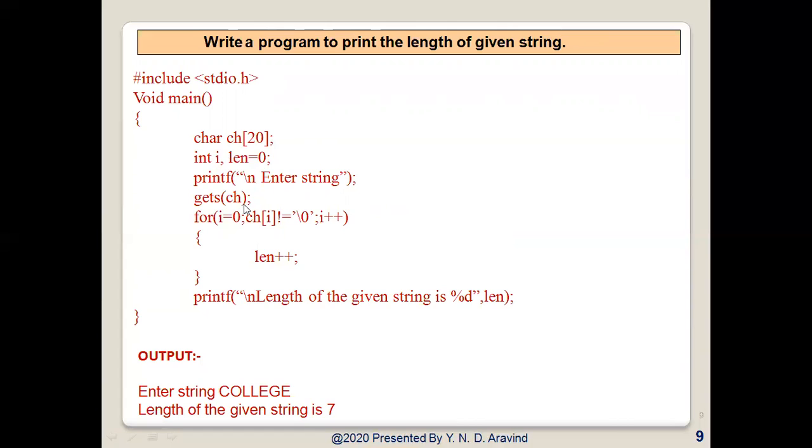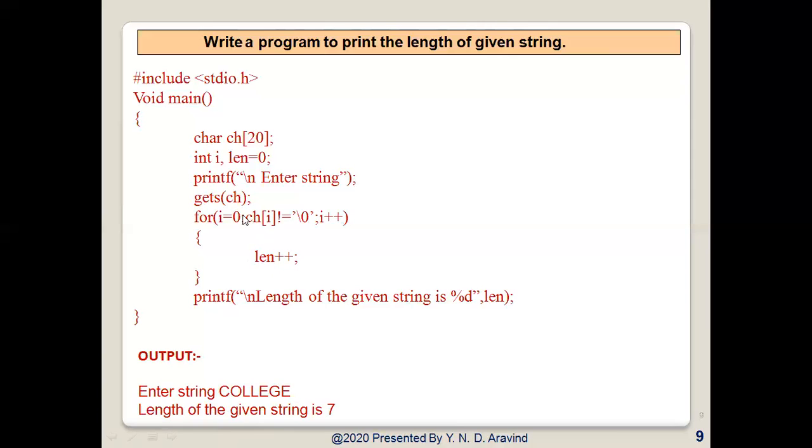So until a new line is entered, I am taking the values into ch[20]. When I say gets(ch), ch will contain college followed by \0. So for i = 0, ch[i] != '\0', i++, len++. So I have calculated the length value.